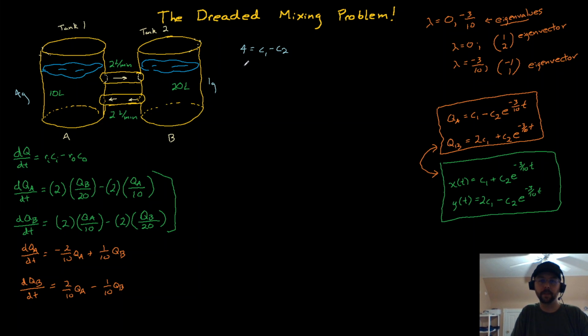QB is going to be 1. That's the starting quantity in B, equals 2C1 plus C2. If we solve this set of equations, we can just add them as they are, and these are going to cancel already. So we're going to get 5 equals 3C1. 5 over 3 equals C1. And so that's C1.